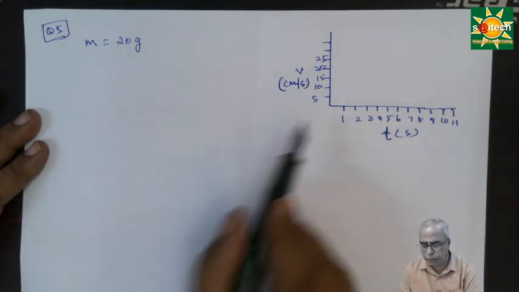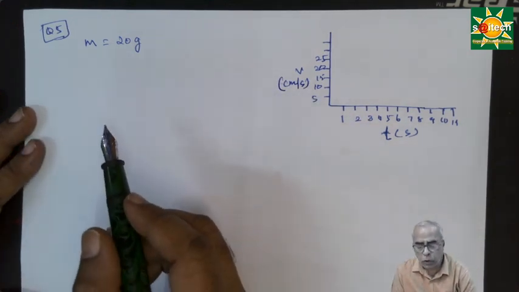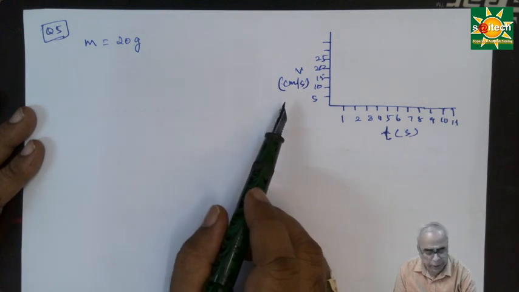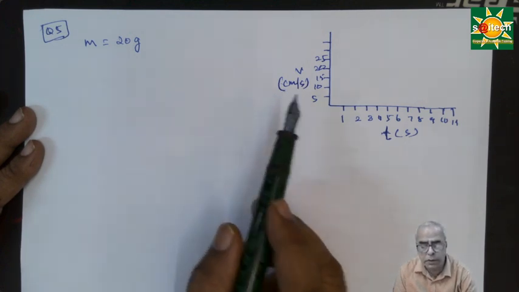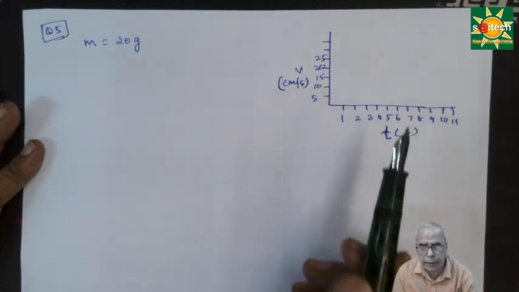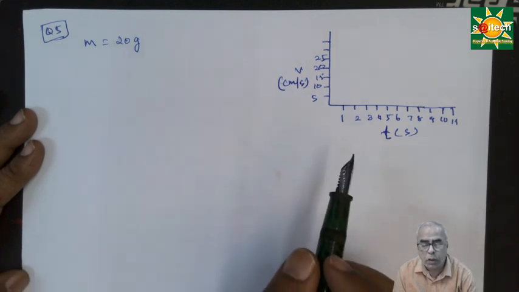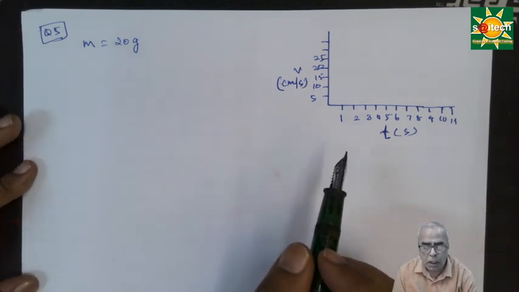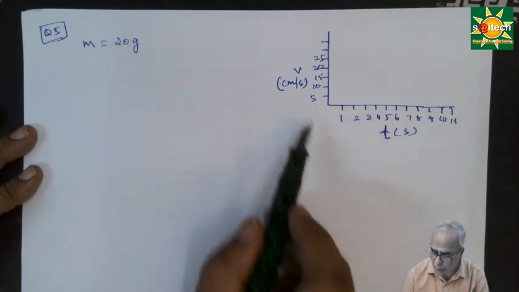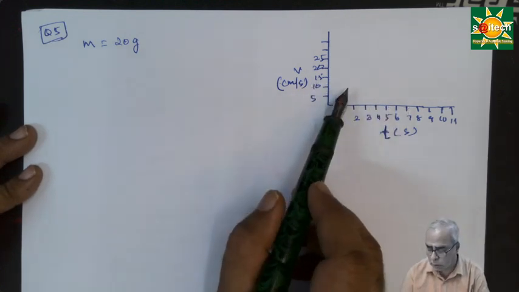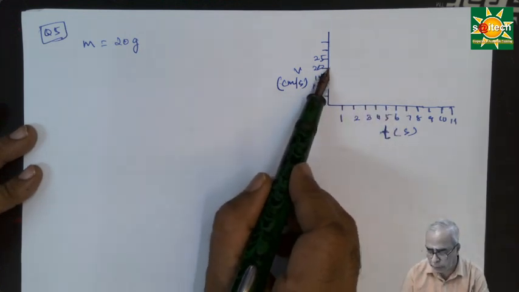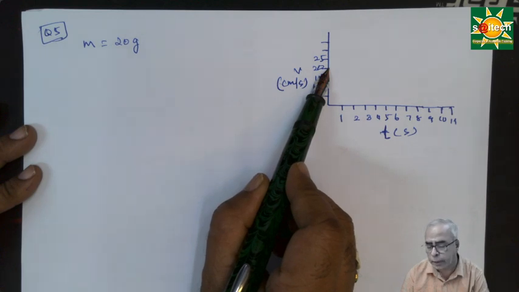So V is given in centimeter per second, and you have to remember the unit here. Normally it is given as meter per second, but in this case it is given as centimeter per second, right? Now what is the question asked? How much force? Now let us draw the diagram. It is extended and you are able to get the straight line.